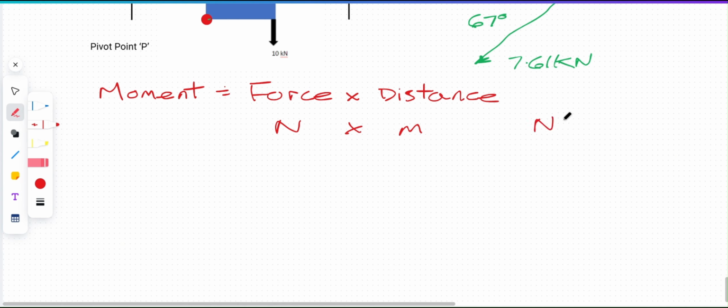So the unit of a moment is newton meters, same as a torque. If that's my force, and that's my pivot point, I'm doing force times that distance. It's always 90 degrees. So I'm just doing force times distance. If it's going clockwise, I'm going to call it a plus. If it's anti-clockwise, negative. And I'm going to add them up to find the total.